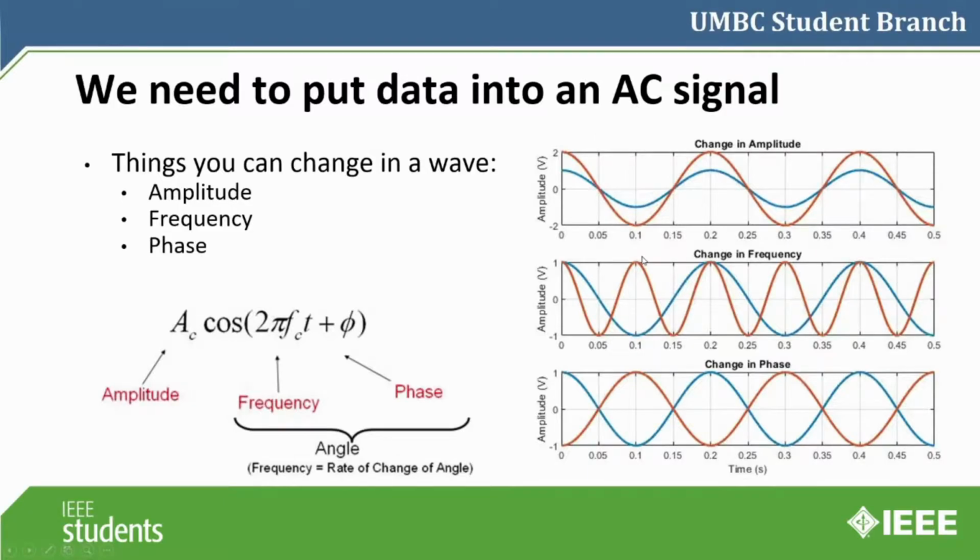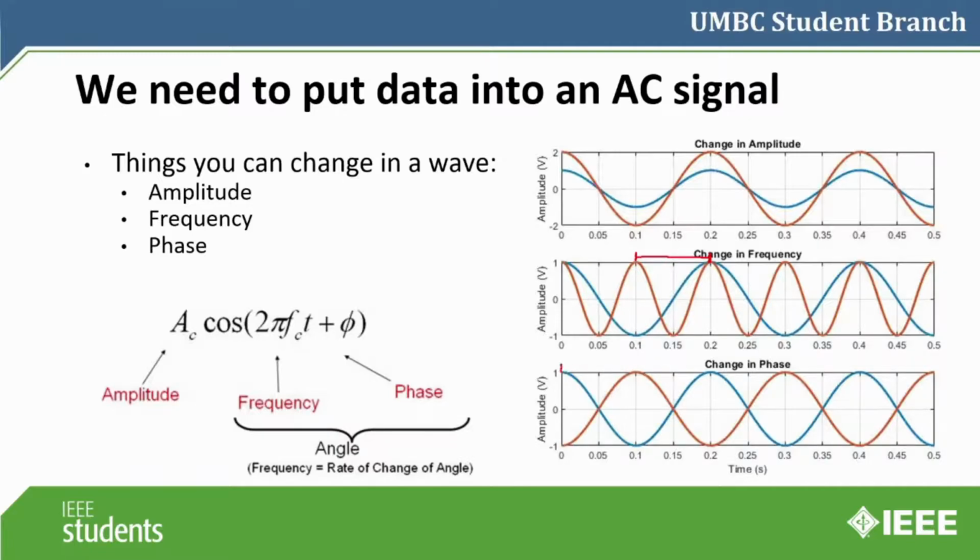And you'll learn in your physics classes that the period of a wave, can I draw? I think I can. Pen. The period of a wave is from one peak to the next peak. And the frequency is how often that wave occurs in a second. And then if you change the phase, that is the offset from when it starts.